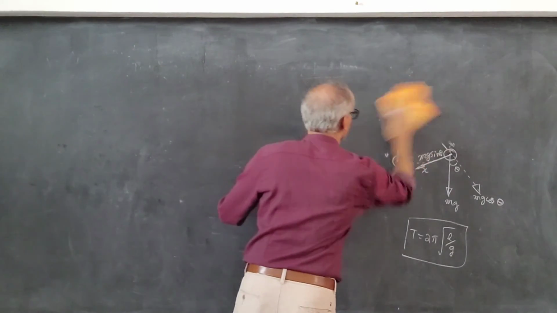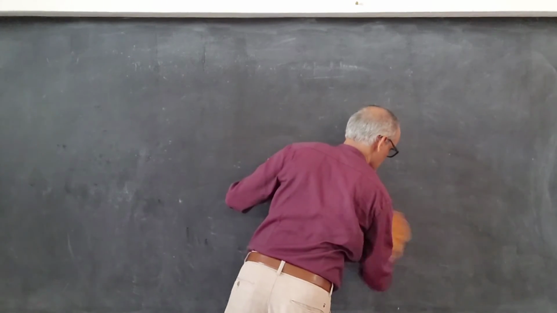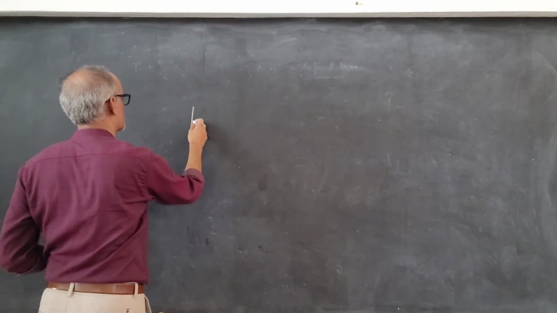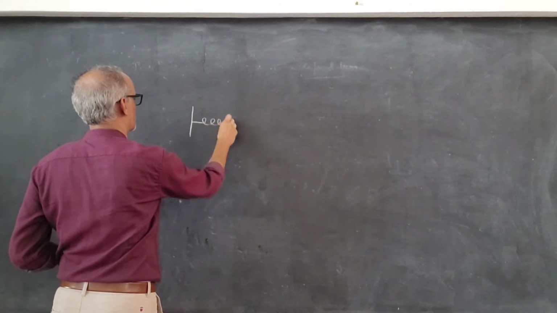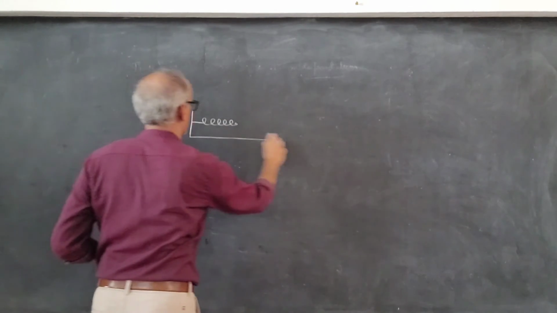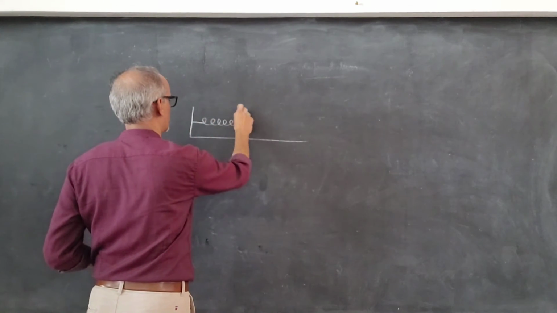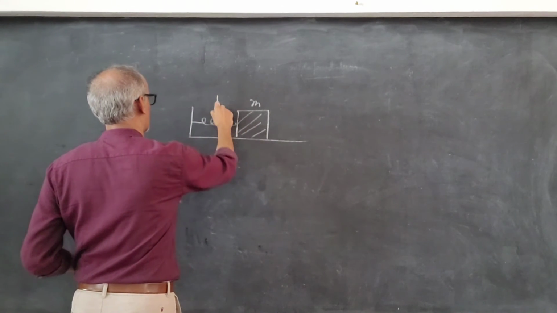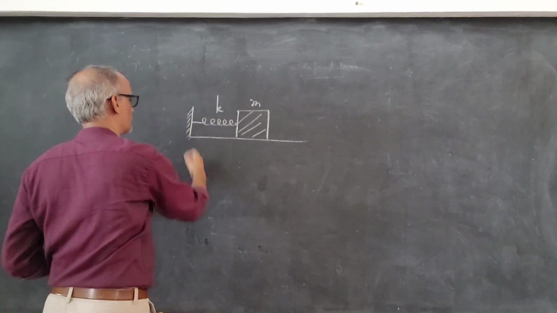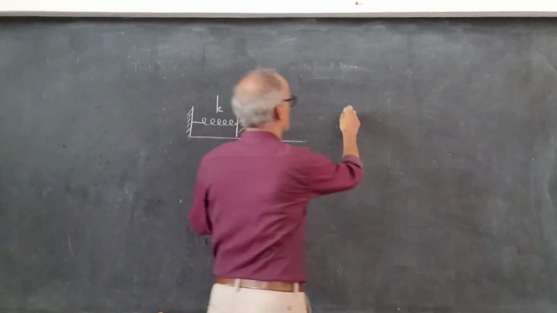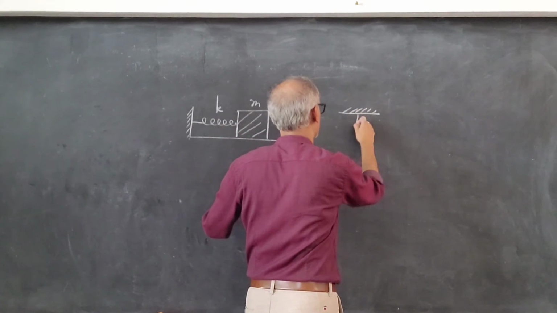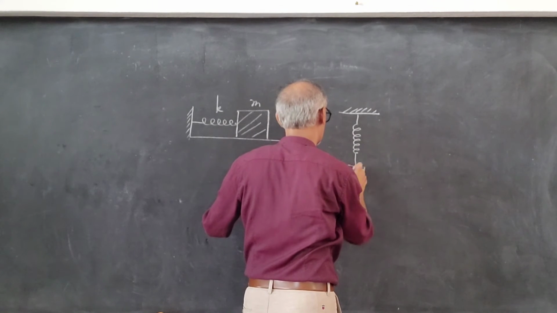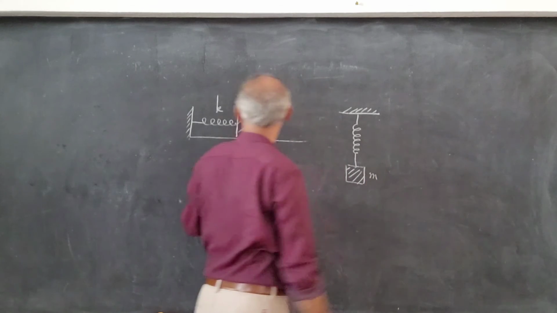In a similar manner, we can even find the time period of oscillation of a spring with a block. So there is a spring, and this is the surface, and here there is a block of mass m. K is the spring constant. So this is a spring, and here there is a block of mass m.